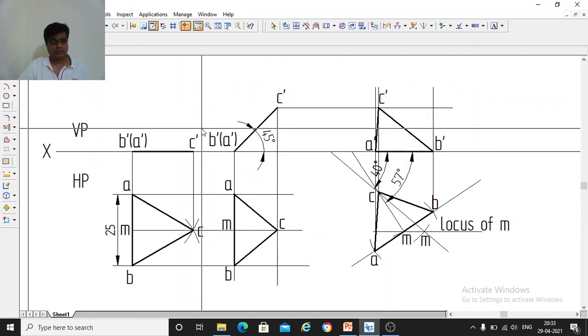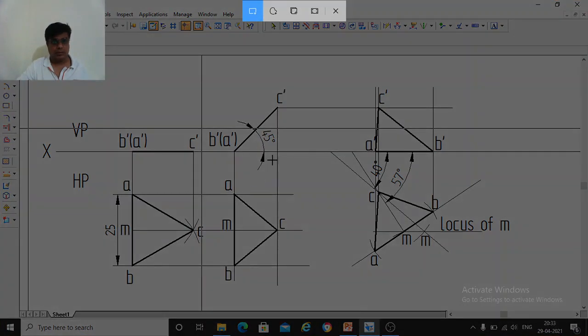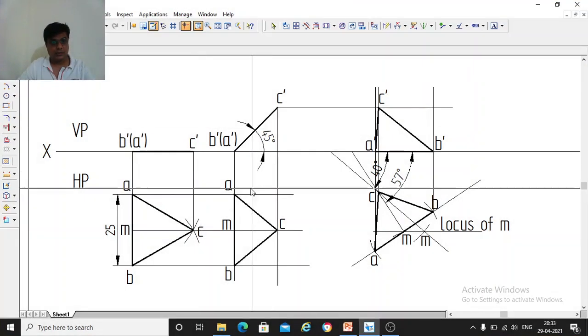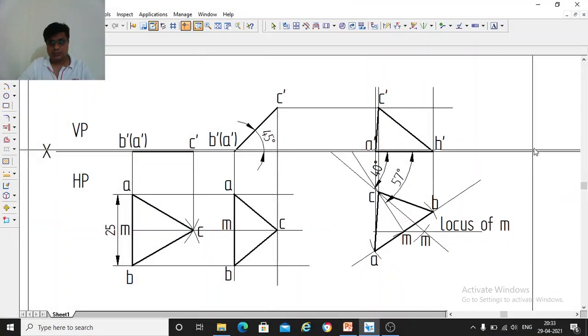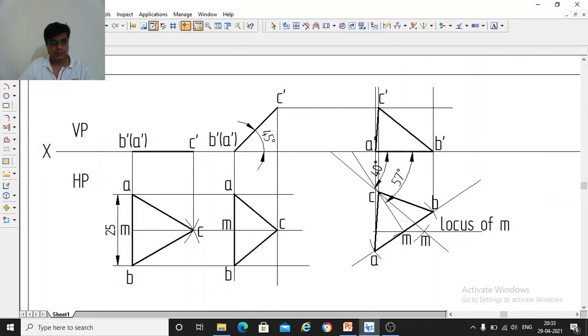Okay, so now let me copy this. Anyway, I will cut this.